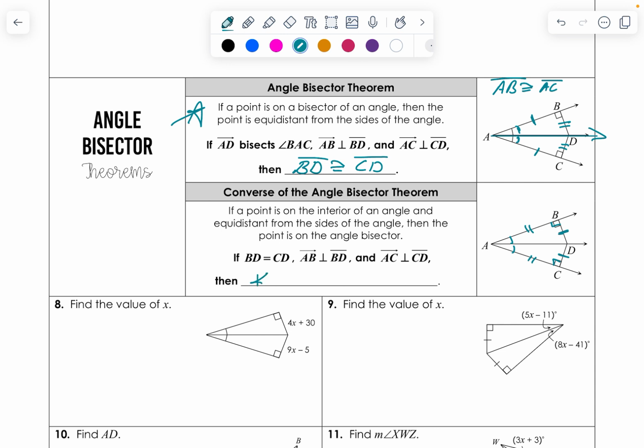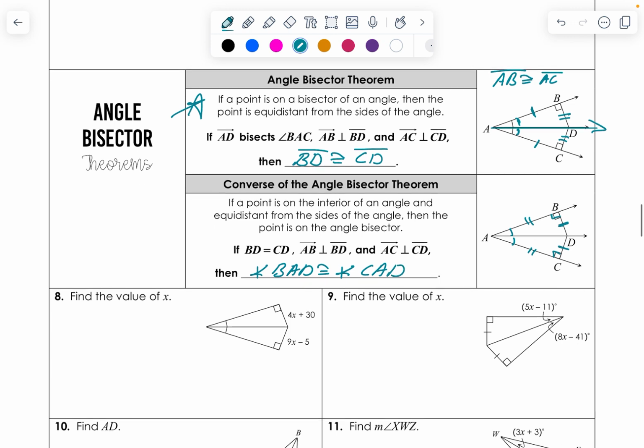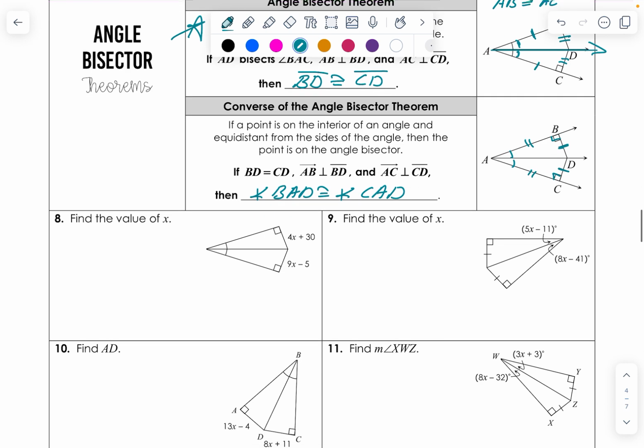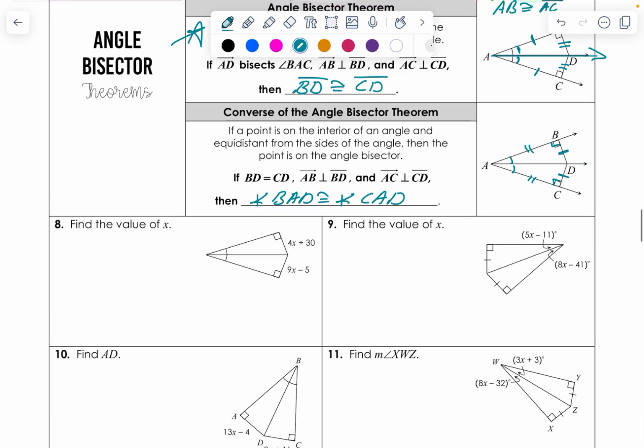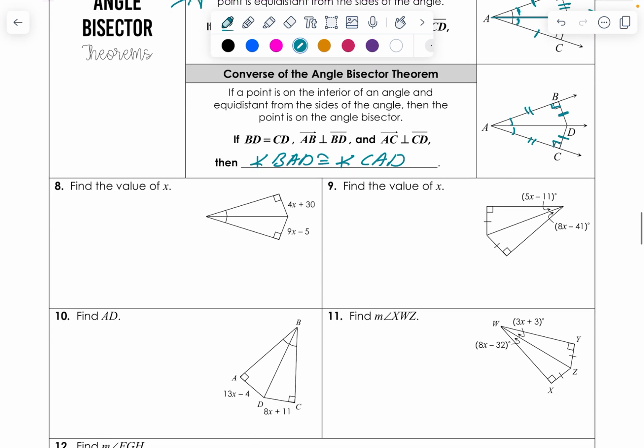So we have angle BAD congruent to angle CAD. So just like with the perpendicular bisectors, a lot of congruencies here. We can see that it bisects this angle, and so we know that these two have to be the same distance from the sides of the angle.